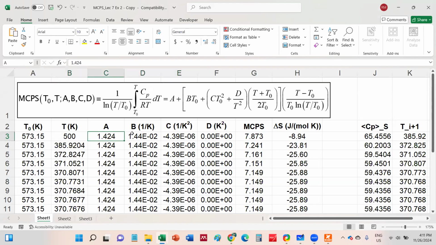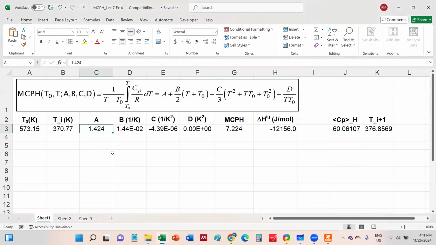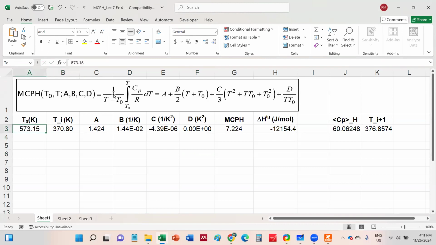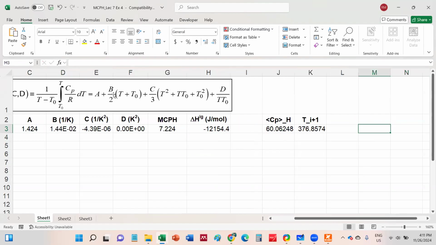So this is MCPS, now going to this MCPH. These are the same coefficients. Now, since we know already that the temperature T2 is 370.8 and the initial or inlet temperature is 573, you can directly input that.